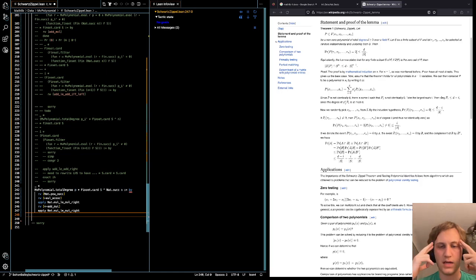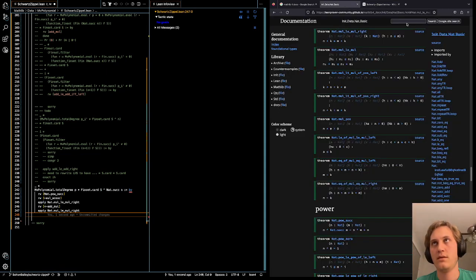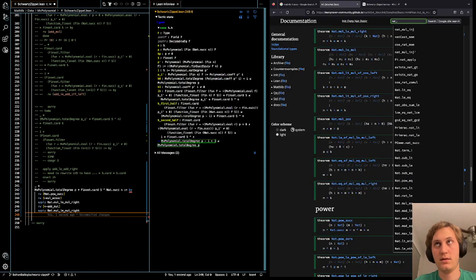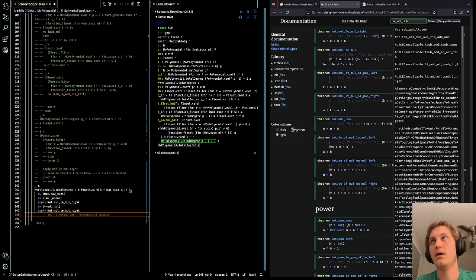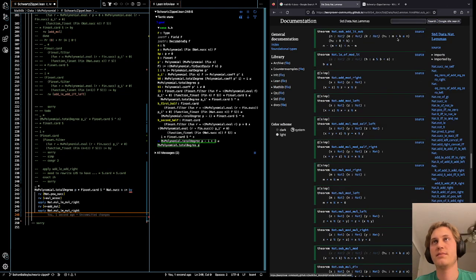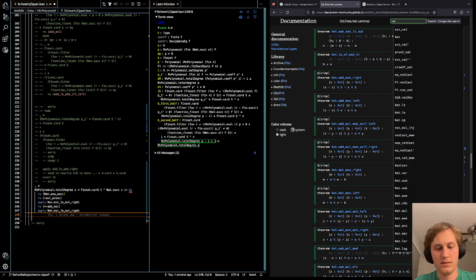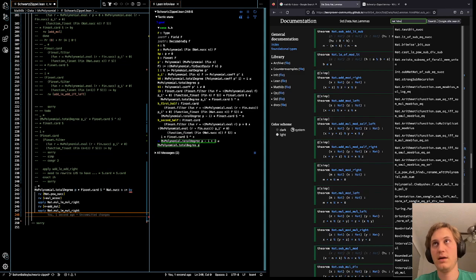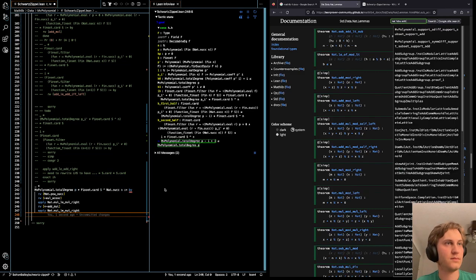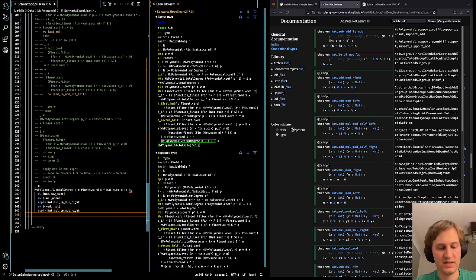And now this is where natural subtraction comes in, with add_tsub. It's bad that it's not called tsub_add. This is where apply should in theory find the exact right one.